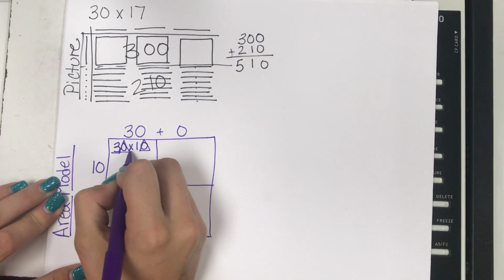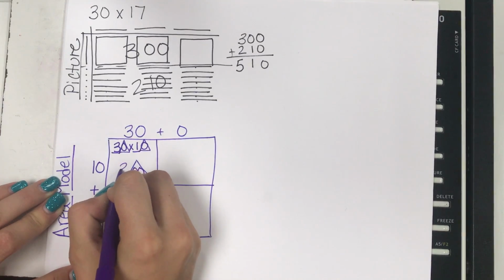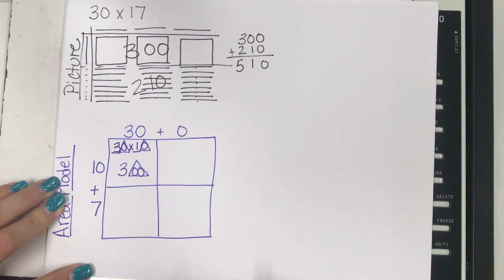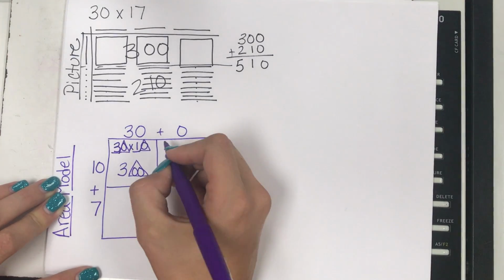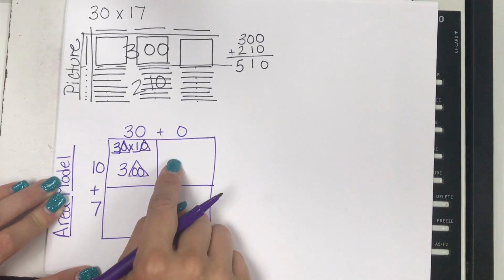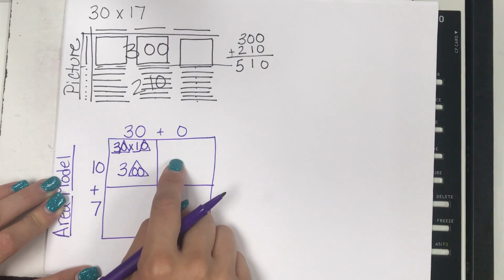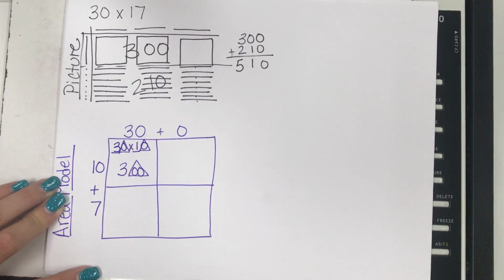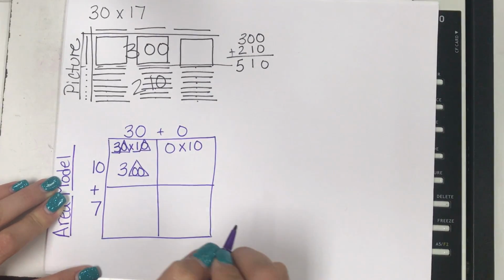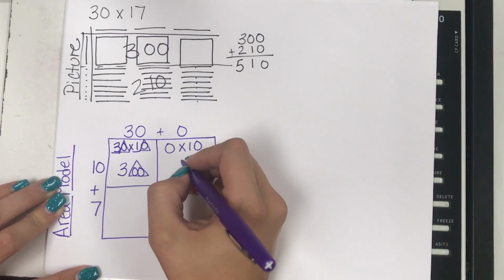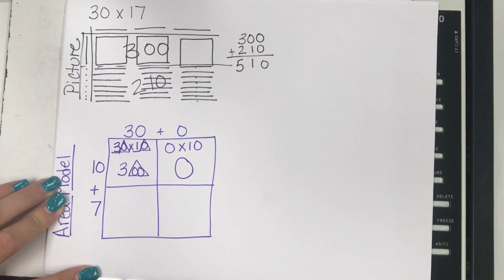And then I'm going to multiply 3 times 1, which is 3. Now what about this top right box? 0 times 10. 0 times anything is what? 0. Every time.